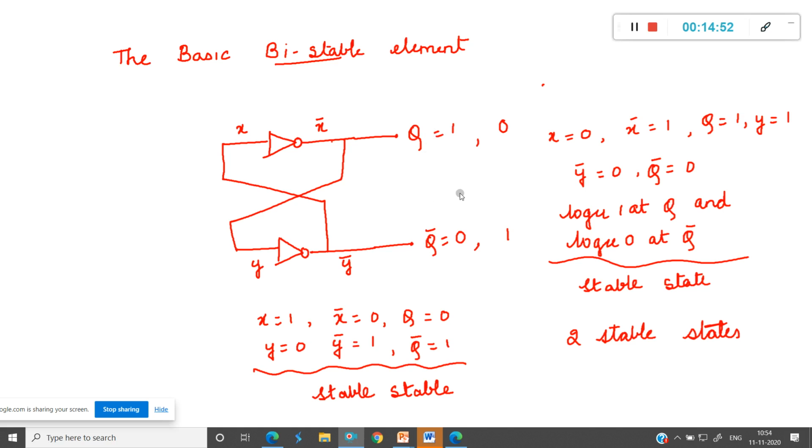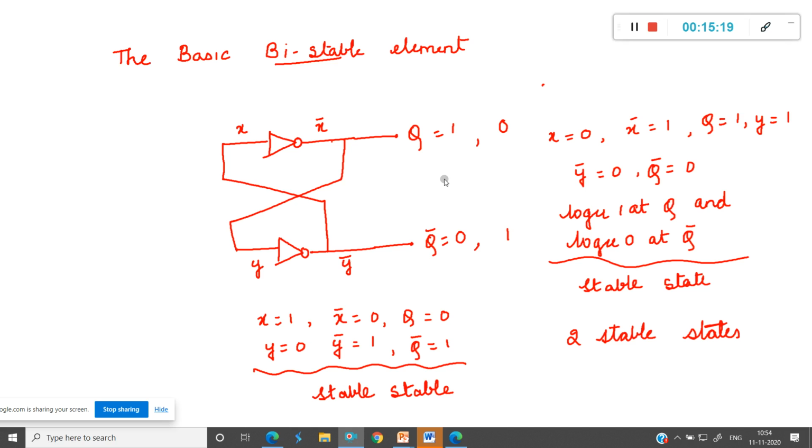Thus, the output is not a valid logic signal, and that is known as a metastable state. Okay, metastable state is unpredictable, it has to be eliminated.